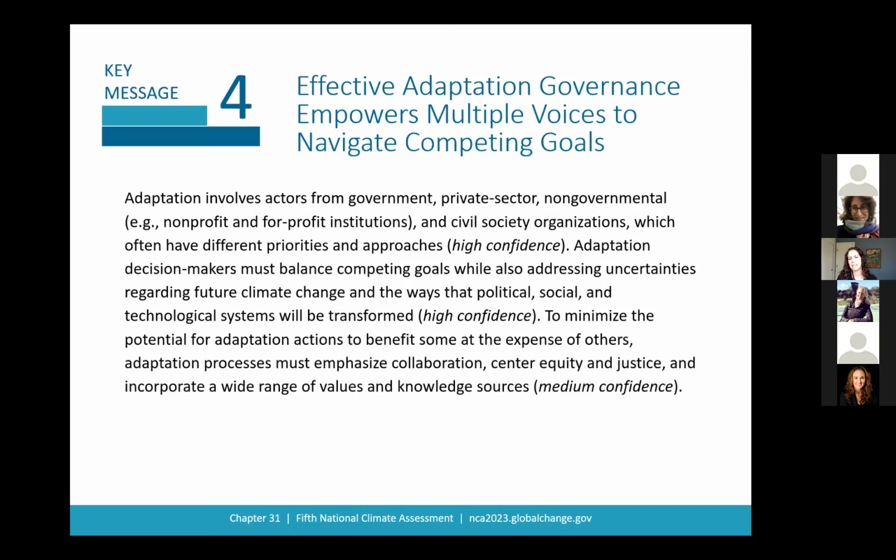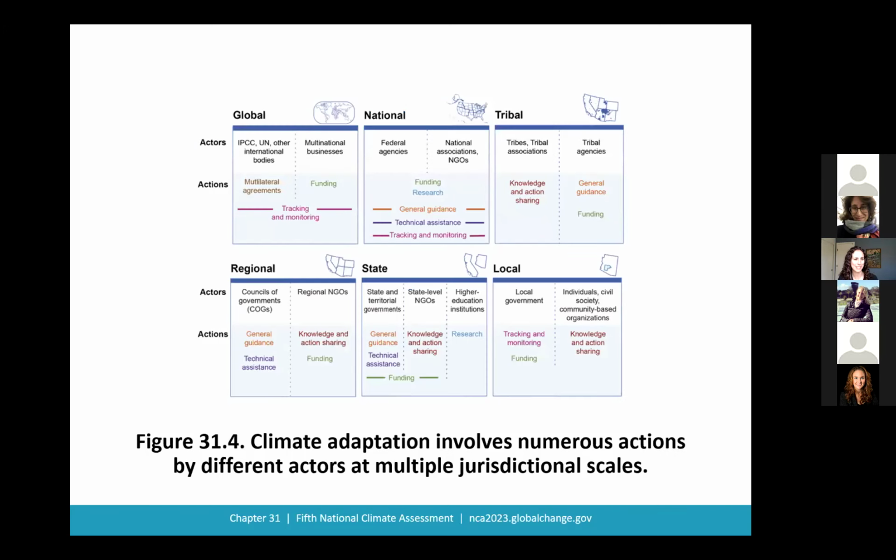And instead, what we see is that a lot of adaptation decision-making is conducted by a lot of different organizations at a lot of different scales that are engaging in adaptation in a more bottom-up or self-organized fashion. If we could go to the next slide, we have a figure that illustrates this.